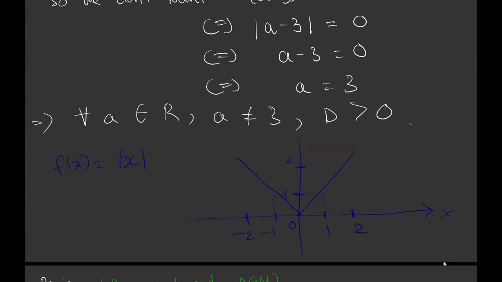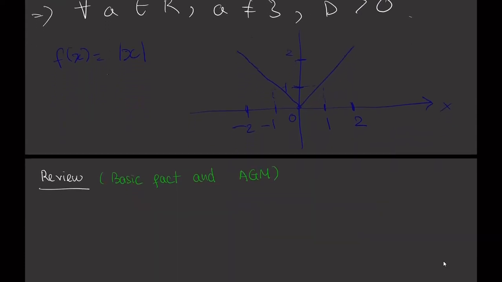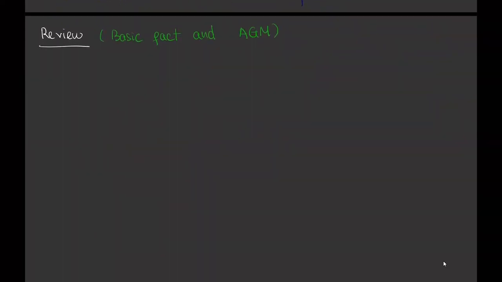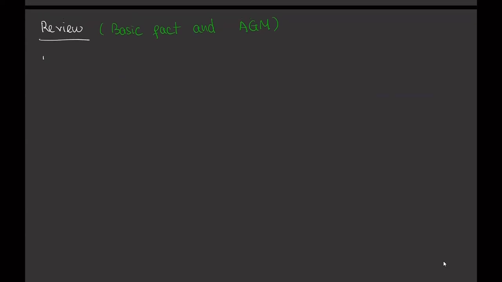Okay, now I will move on to inequality in AGM, which confused many people. There are some basic facts that you have to know and remember. The first one is that for every real number a, a squared is greater than or equal to 0.